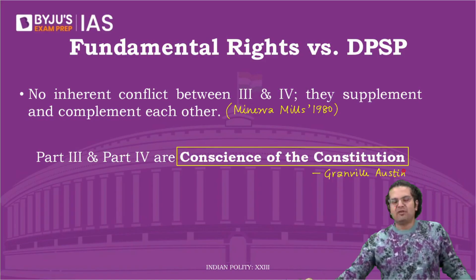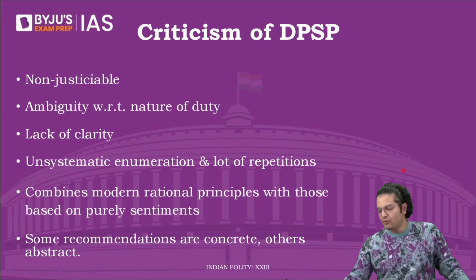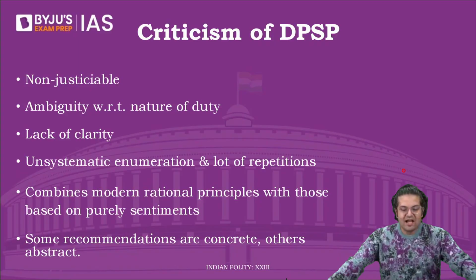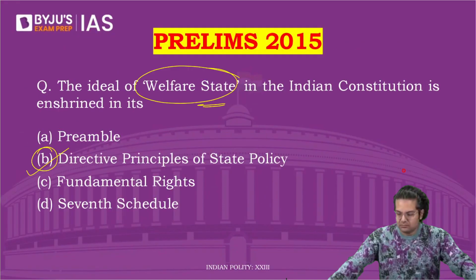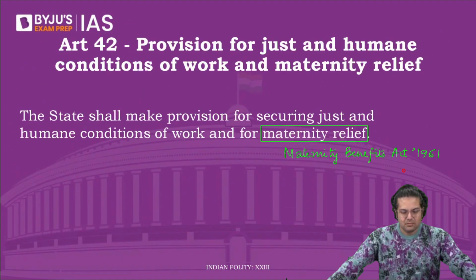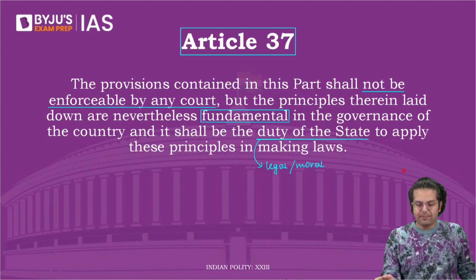Now, very simple. What's the criticism? So, DPSPs are non-justiciable. We know it very well. So, that's again a problem. Eventually, you have to depend on the goodwill of the government to achieve those things. And duty. Remember this Article 37. It shall be the duty of the state to apply these principles.